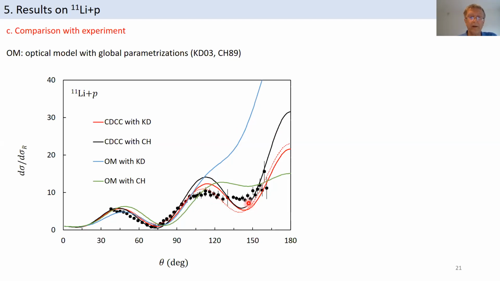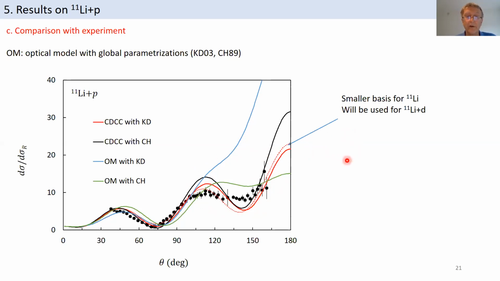So you see that the main effect is at large angles, as we may expect. And yes, this dotted line is obtained with a smaller basis.